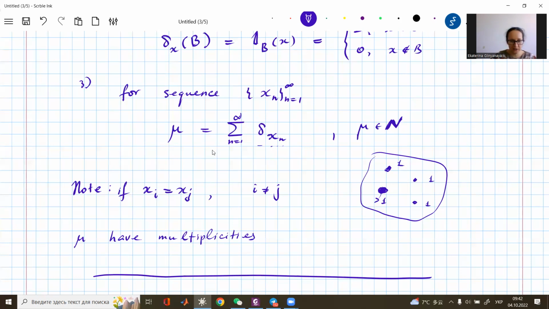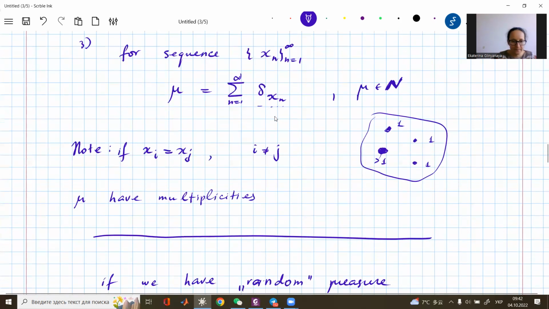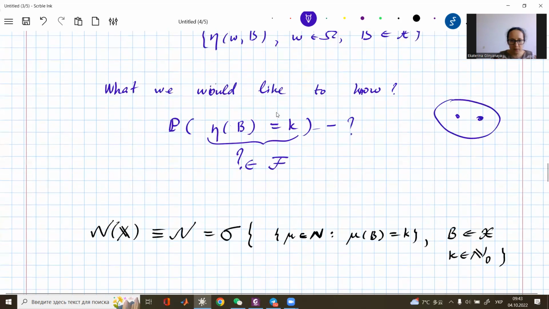measures were very general, but if you are interested, you can try to construct a measure mu that is not represented in such a way. So this is an interesting example.